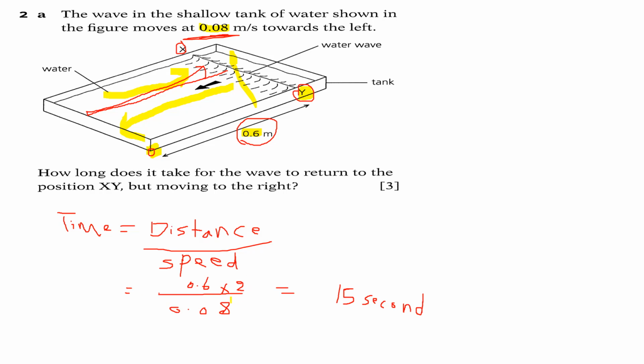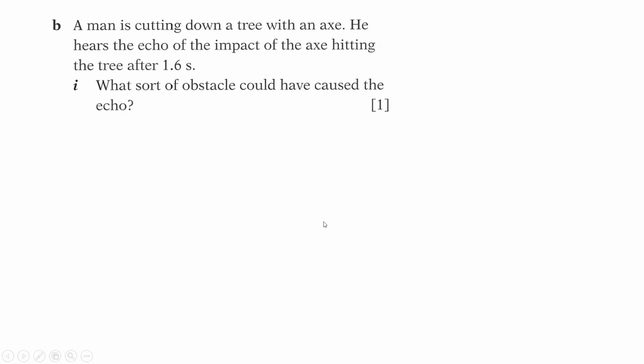So the distance here is 0.6 times 2, because one 0.6 going and one 0.6 coming, and the speed is already given here, it's 0.08. First you will multiply 0.6 by 2 and divide it by 0.08, and you will get the answer: 15 seconds.